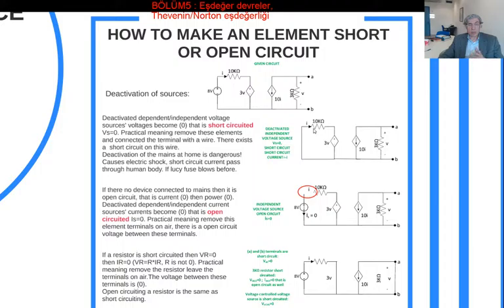So there's going to be a high current passing through your body. That is very dangerous, don't do it. It says here, if lucky, the fuse blows before you die. So be careful, don't do this. And if somebody else does it, stop him or her from doing that.